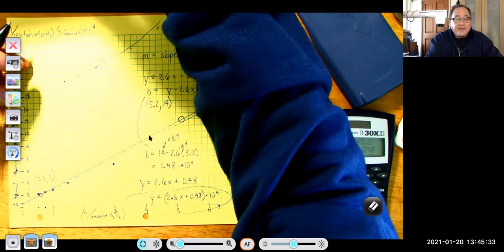Okay, and when I plot these on the internet, I get 2.6x plus 0.24, which is even closer to what I got today. And oh, it doesn't ask us to plug in any values, just to compare them. So on the internet, I get a value of 2.59x plus 0.25.